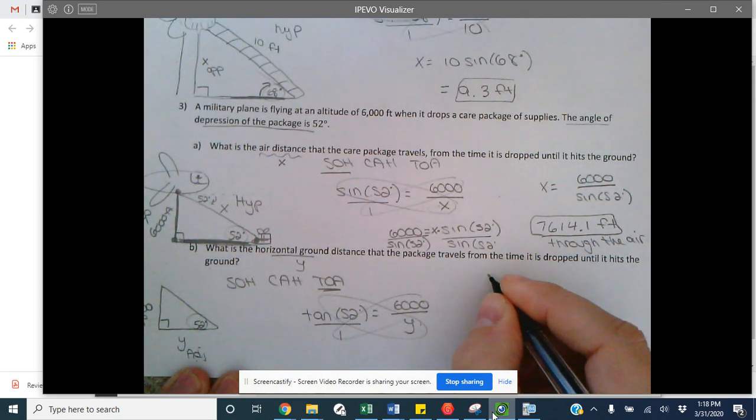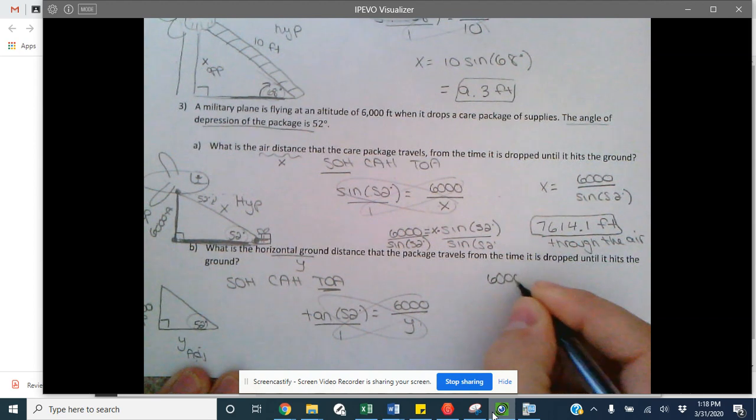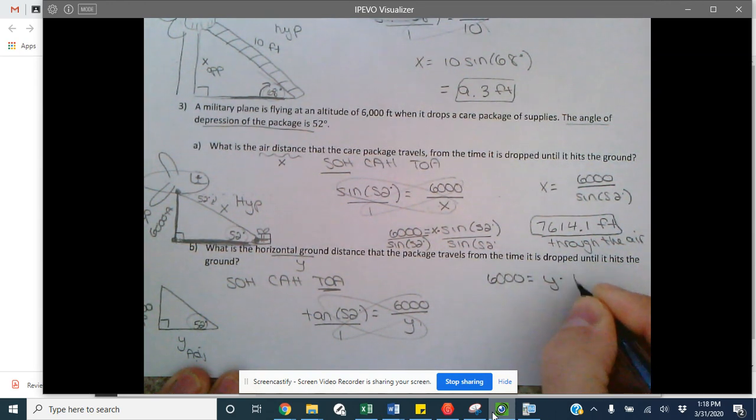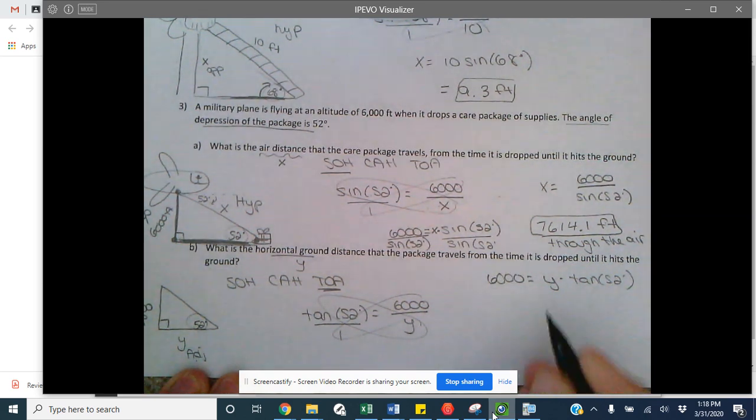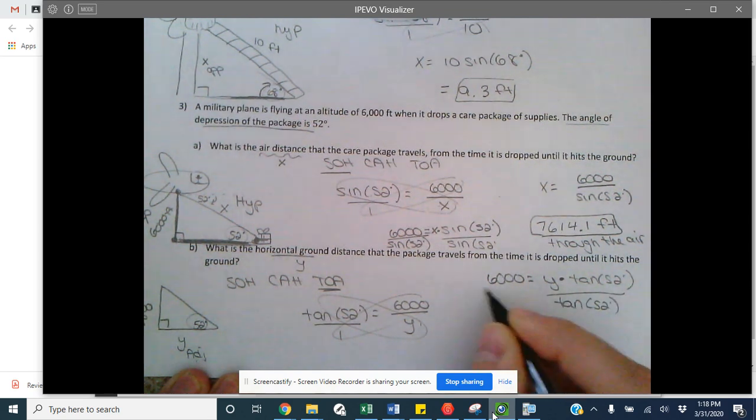I'll do it over here. So 6,000 equals y times tan of 52 degrees. And then we want to get rid of everything else and just leave y by itself. It's currently being multiplied, so we divide both sides by tan of 52.